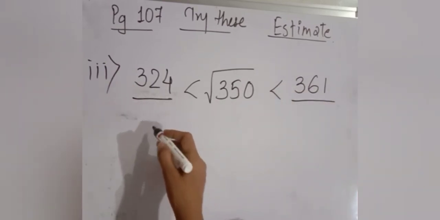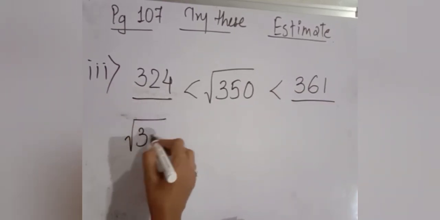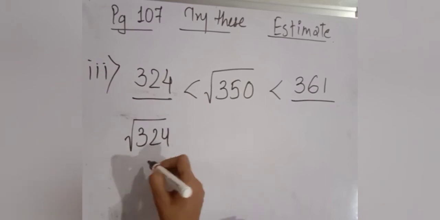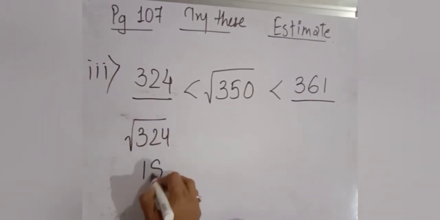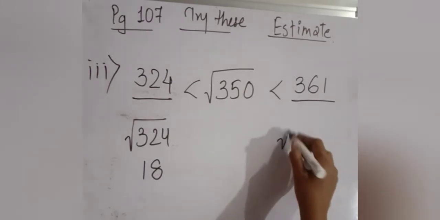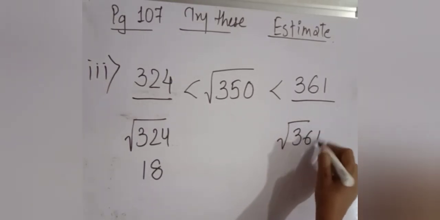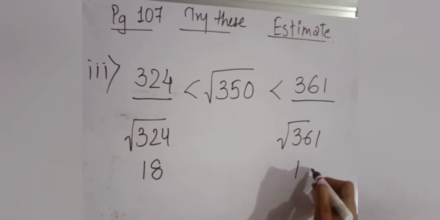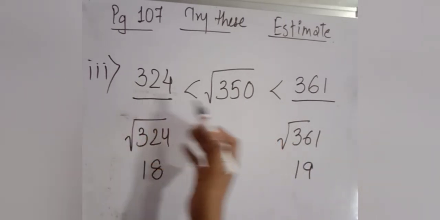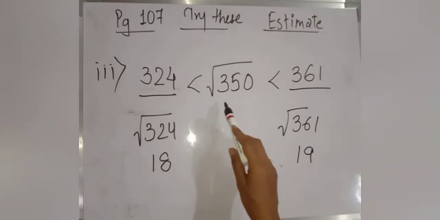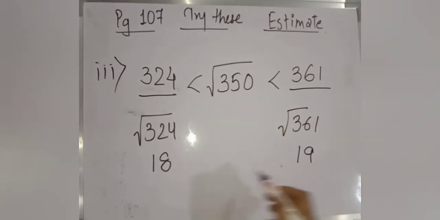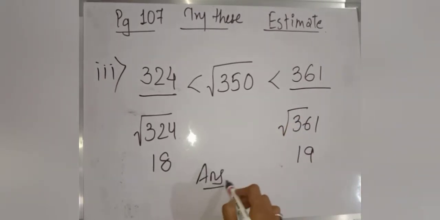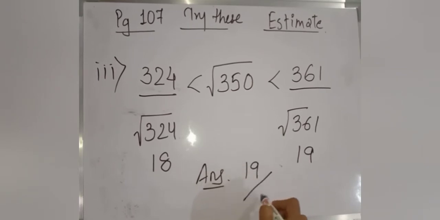The square root of 324 is 18 and the square root of 361 is 19. Now looking at the number, we can say that 350 lies near to 361. So the answer is the whole number 19.